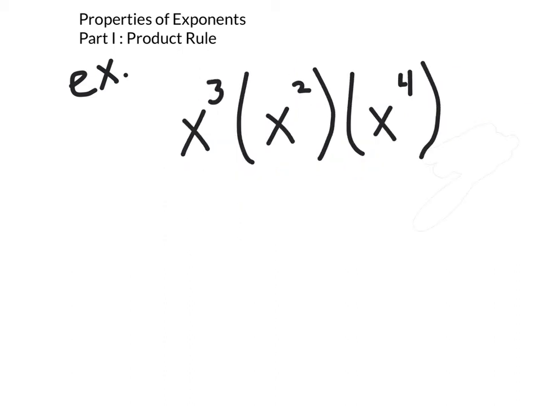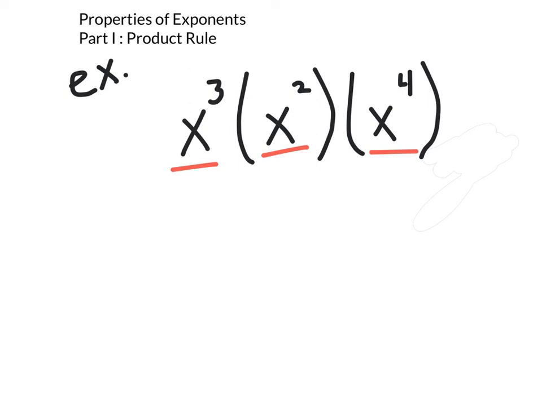Next type of example I'd like to look at is a scenario where you are multiplying more than one thing together. If you think about what's going on here, with this first term, I actually have 3 x's. With the second term, I have 2 x's, and with the third term here, I have 4 x's.